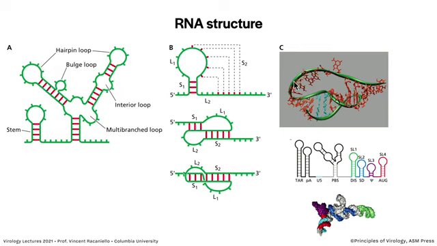And there can be something called a pseudoknot, which is one of my favorite. I just love this idea that it looks like a knot, but it's not really a knot. So it's a pseudoknot. How many times can you say knot in the same sentence, right? And so that's what this is. You have a stem loop structure, and then the bases in the stem, these red lines, can base pair with bases downstream of the stem loop.